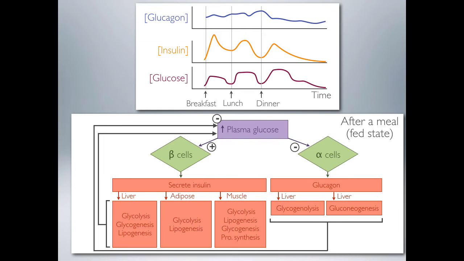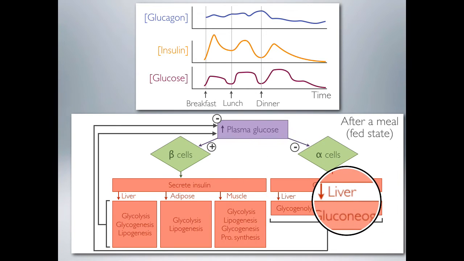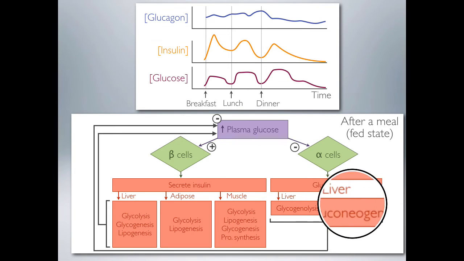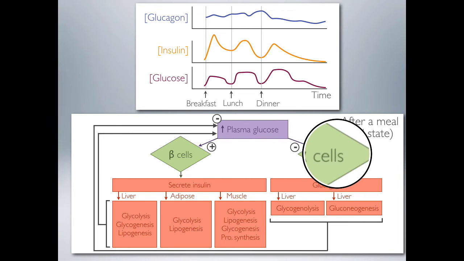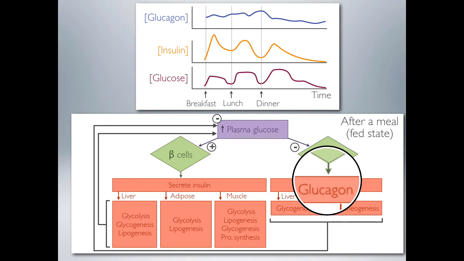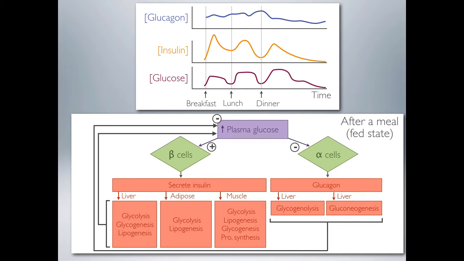In other words, the ability that the liver has to produce glucose from proteins, that whole process is inhibited when plasma glucose is high. So the alpha cells reduce their glucagon secretion, and as a consequence you get less of that. That pathway will not be producing more glucose to be added to the bloodstream, because we just ate a meal and we don't want that coming from the liver.